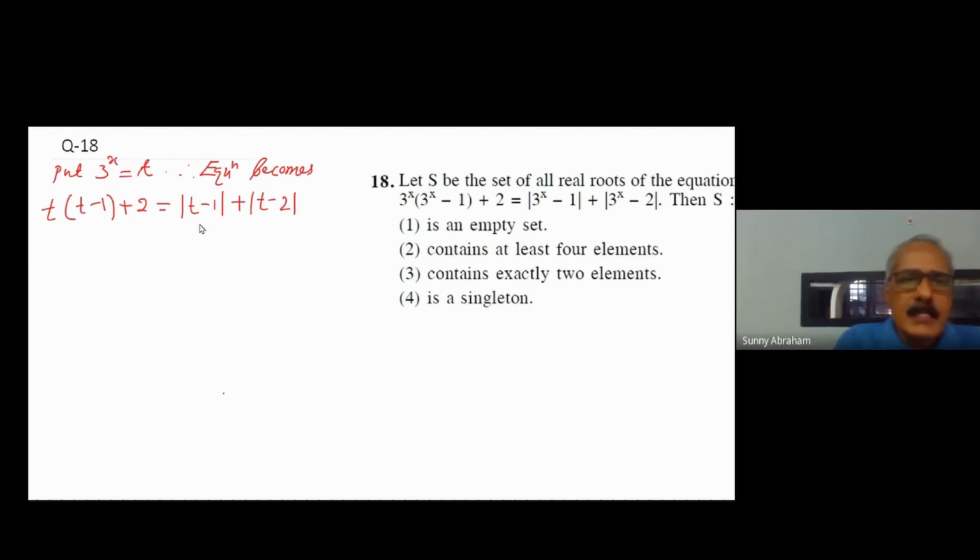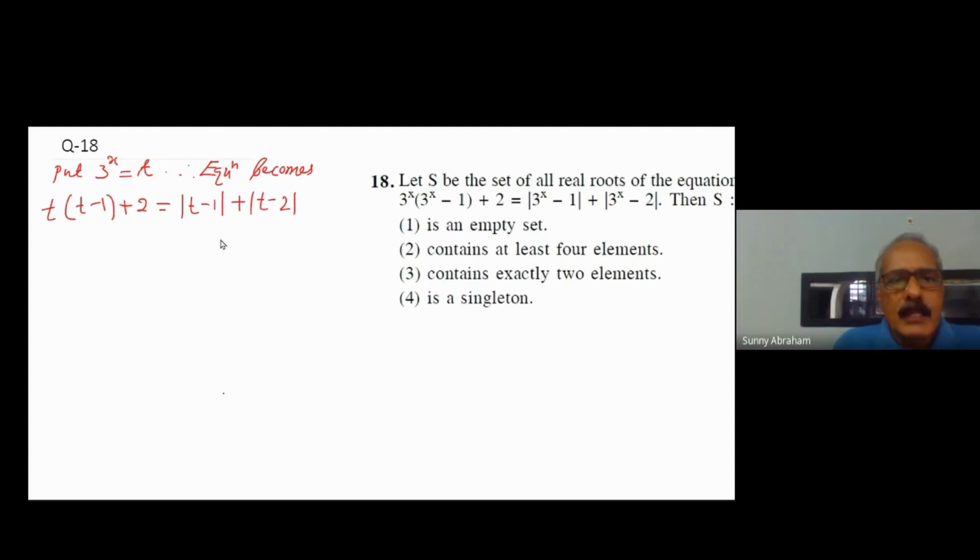Since the right-hand side is a combination of absolute value functions, there are certain cases to be discussed. Modulus of t minus 1 will be positive whenever t is greater than or equal to 1. It is negative whenever t is less than 1. Similarly, modulus of t minus 2 is positive when t is greater than or equal to 2, negative when t is less than 2.